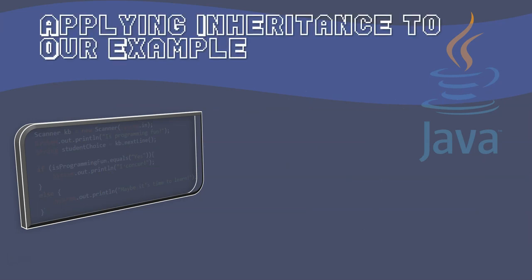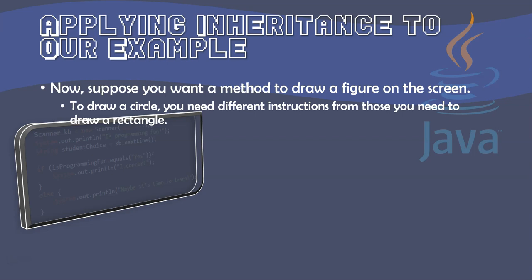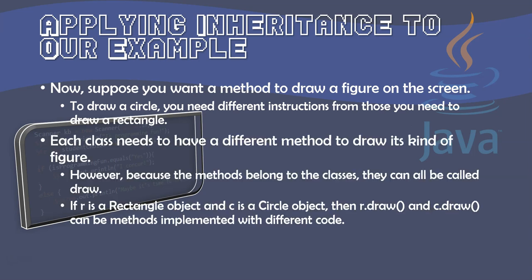Obviously, the first thing we think about is, if we're going to have a parent class, that means we need to have inheritance. So, let's apply some inheritance here. Let's say we want a method to draw a figure on the screen. To draw a circle, we would need different instructions from what we need to draw a rectangle. Obviously, we still have something that establishes the screen, but how those get implemented is different.